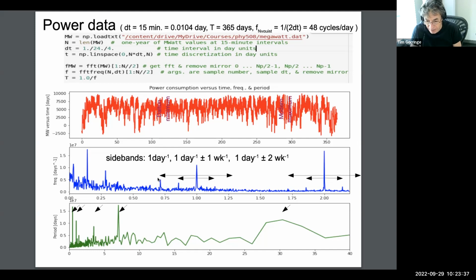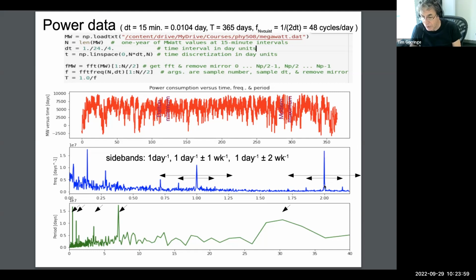And I've indicated them here. So in the neighborhood of the one cycle per day, that's the fundamental frequency here at 1, to the left, there's two peaks. And also, if we were to expand the scale, to the right, there's two smaller peaks.